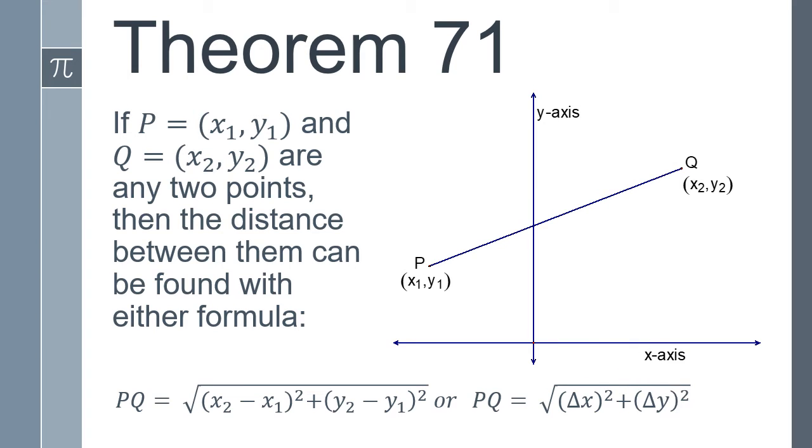So if P is equal to (x sub 1, y sub 1) and Q is equal to (x sub 2, y sub 2), or any two points, the distance between them can be found with either formula. PQ is equal to the square root of (x sub 2 minus x sub 1) squared plus (y sub 2 minus y sub 1) squared, or PQ is equal to the square root of the change in x squared plus the change in y squared.